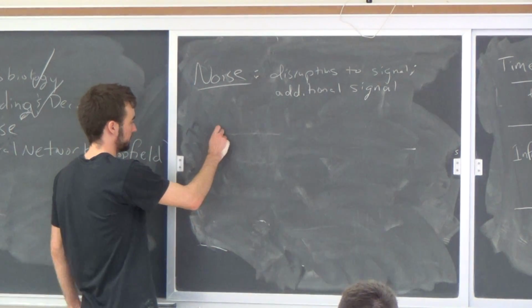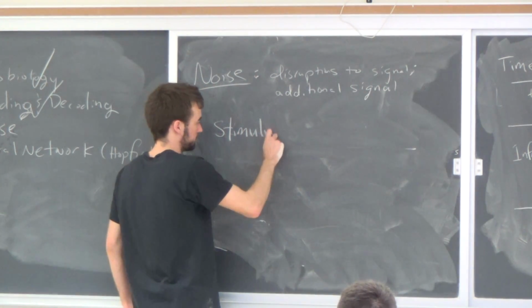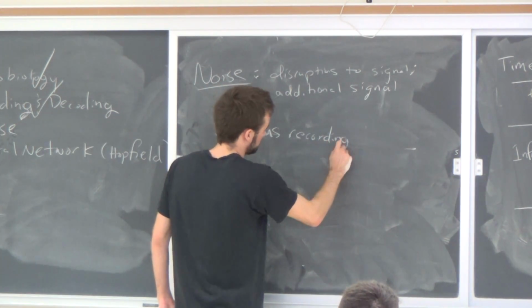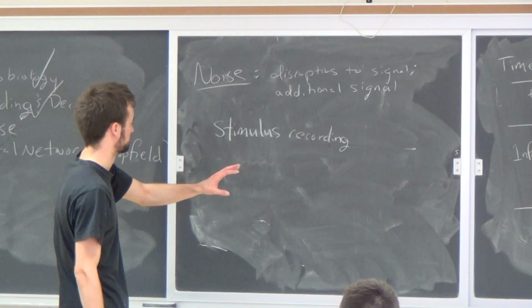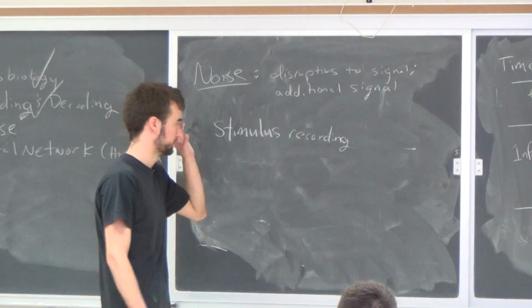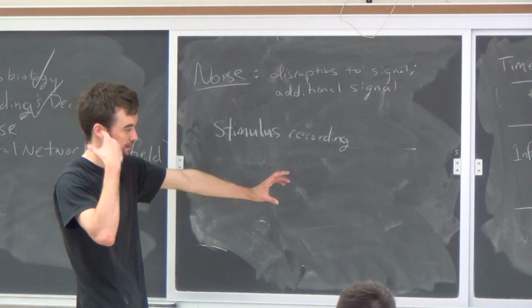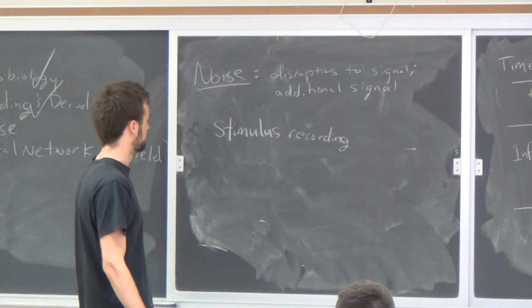There's noise in stimulus recording. For instance, this is less noise in the neural system, and more noise in trying to connect what your stimulus is to how you're reacting or how the information is being encoded.